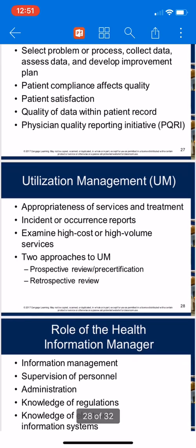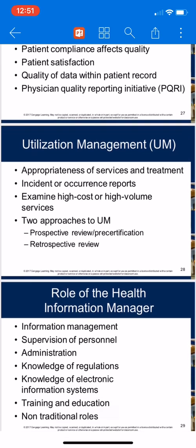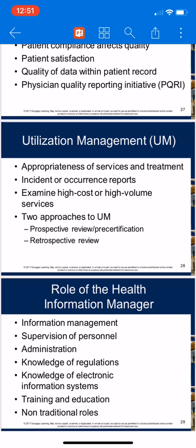All right, dropping down to utilization management. Utilization management is the process of determining the appropriateness of services and treatment provided to the patient based on the patient's needs. In the hospital setting, this process often focuses on whether or not the patient requires hospitalization.